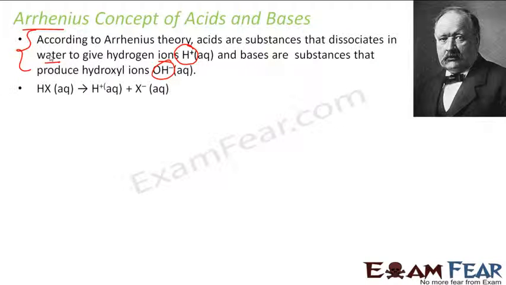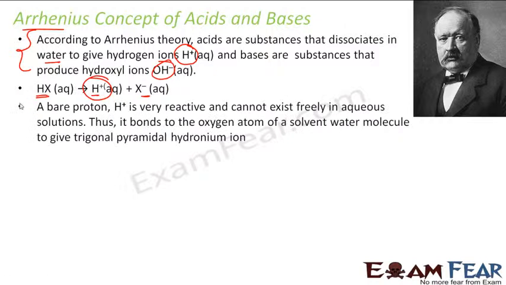It was a very popular definition, and the reactions are like this. You have acid HX, it will give H plus and X minus. He also told that H plus is very reactive, so it forms hydronium ions. It will react with water to form H3O plus ions.